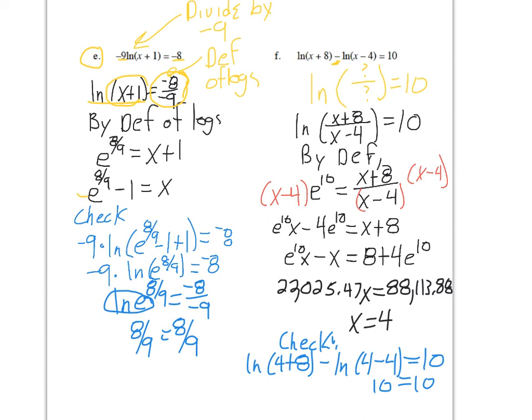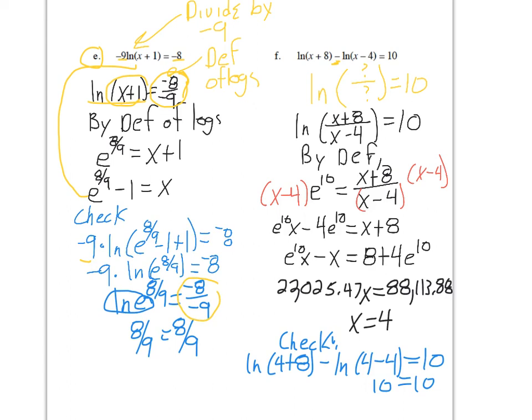So now let's check our work by plugging this value back in for x. So I have a -9 times the ln of e to the 8/9 minus 1 plus 1. Well, the minus 1 plus 1, they undo each other. And that leaves us with just e to the 8/9 inside the parentheses. So on the outside, divide by -9.